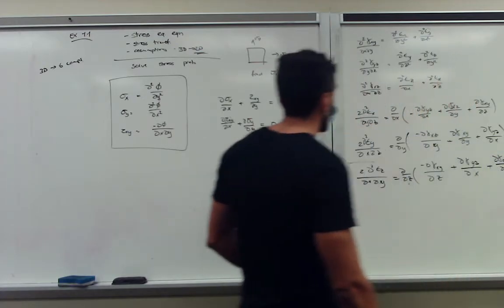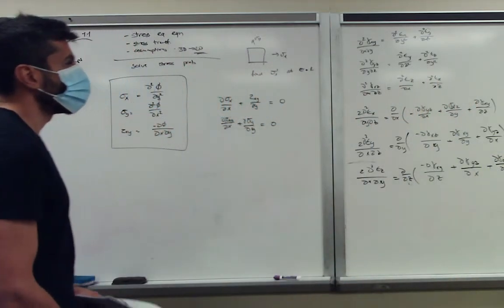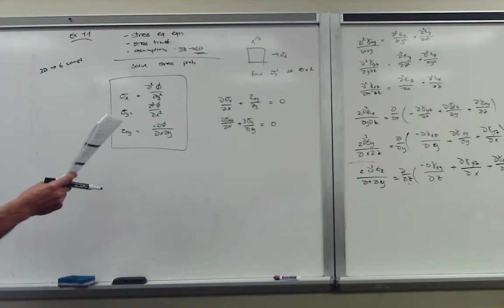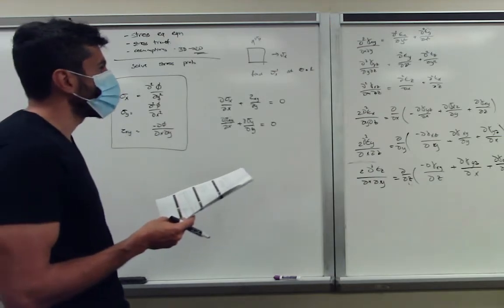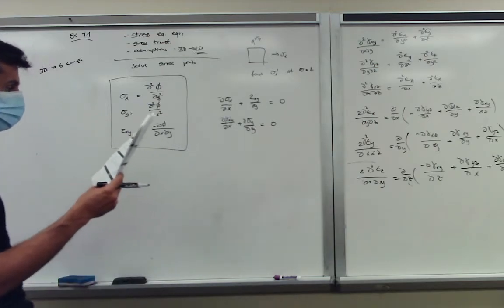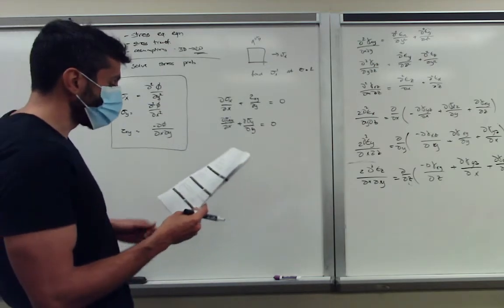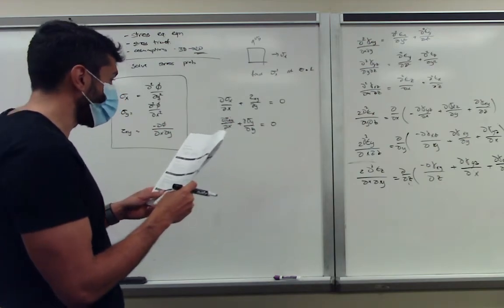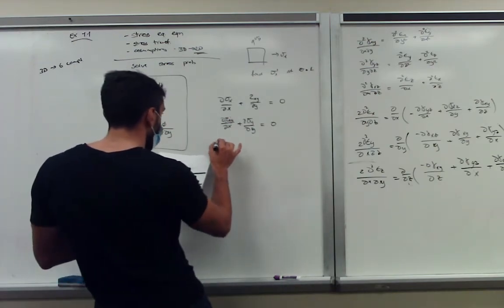So these are 6 compatibility equations. If you go for stresses, we basically set variation of our stresses in Z equal to 0. It basically reduces to one compatibility equation that is left over, and that will be basically this one.